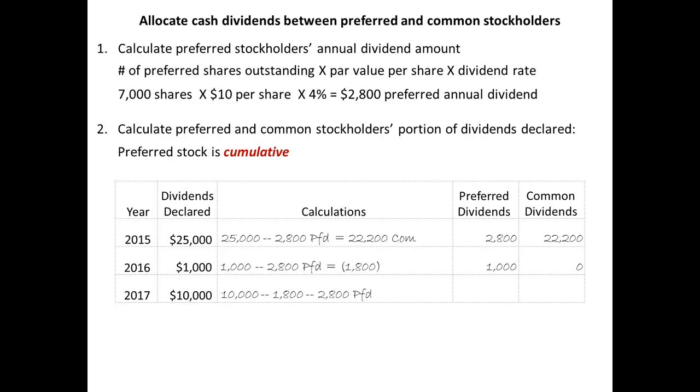This time the result is a positive $5,400. Since it is positive, the $5,400 is left for commons, and both the $1,800 and the $2,800, a total of $4,600, goes to preferreds. Double check, $4,600 plus $5,400 does equal the $10,000 dividends declared.